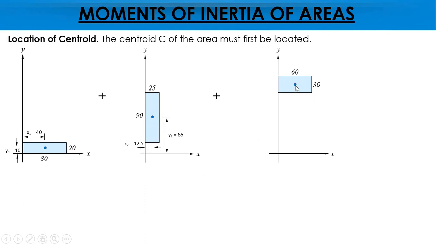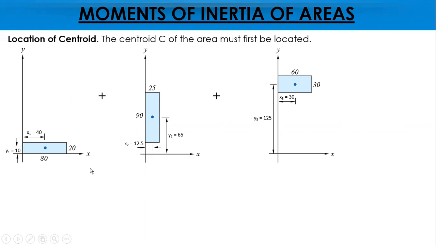And then for element 3, x of 3 is 30, 1/2 of 60. For y3, that's 1/2 of 30, that's 15, plus 90, so 105, plus 20, it's 125.